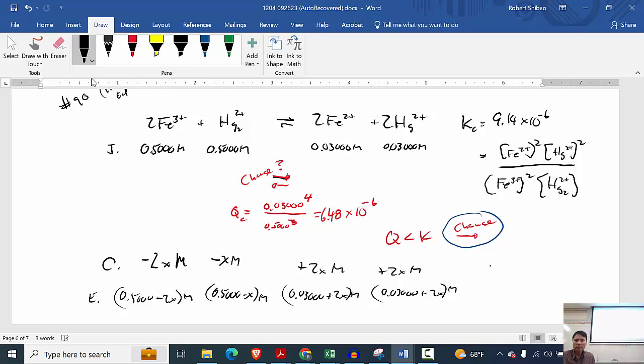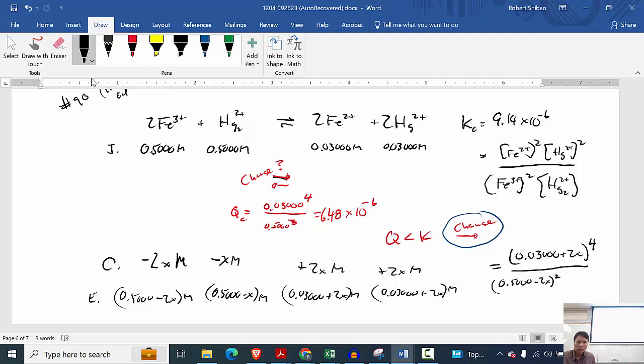So the math comes out to this. The iron 2, which would be 0.03000 plus 2x. So I'm going to 0.03000 plus 2x. And the mercury 2 is the same. And this is squared, that's squared, so I'm just going to raise this to the fourth. And then the iron 3 is going to be 0.5000 minus 2x. Let me square that.